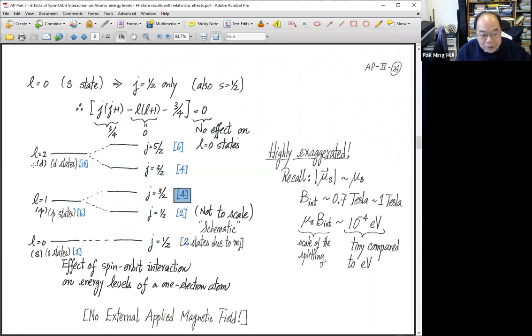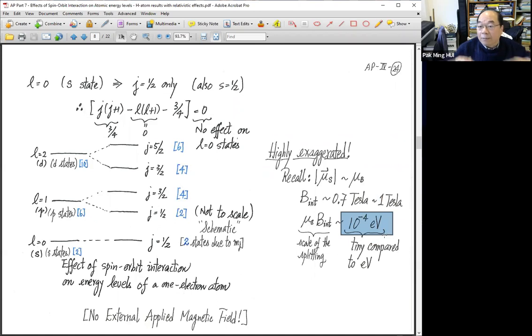How about these states? You have to work it out. It becomes 3/2, 5/2. It becomes 4 states and 6 states. Okay? Now, the splitting here is exaggerated. It is Bohr magneton times 1 tesla, so it's about 10 to the -4 eV.